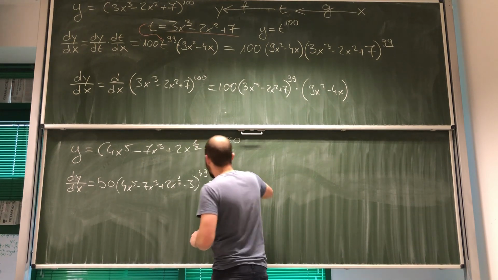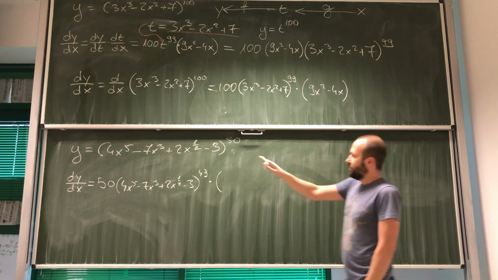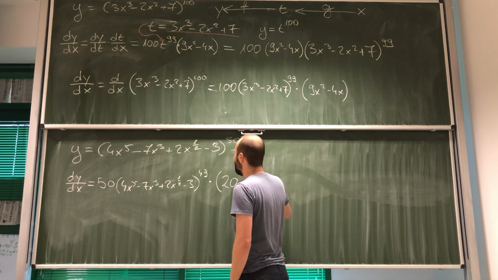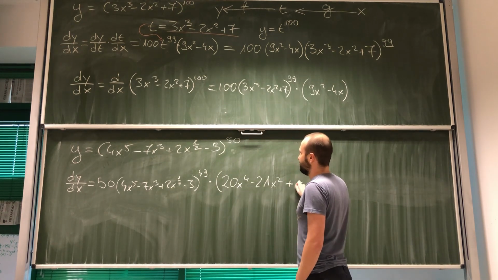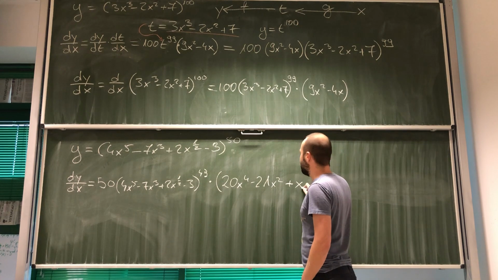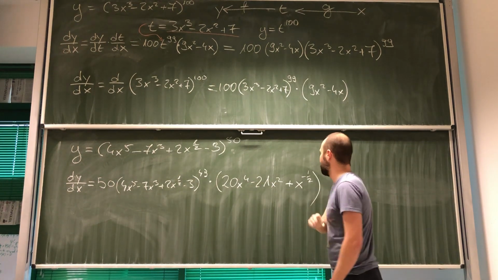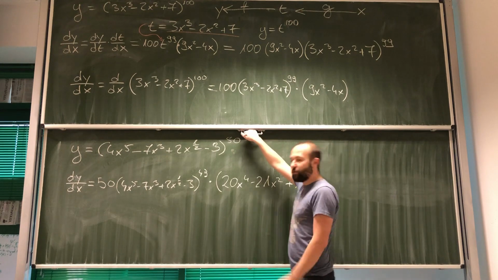And now, all I need to do is to multiply it by the derivative of the inside function, which is 20x to the power of 4 minus 21x squared plus x to the power negative 1 over 2, and that's it. This is our result.